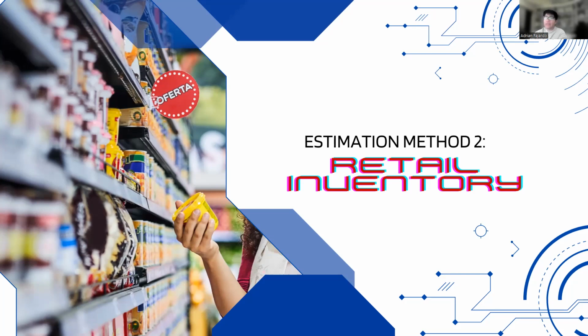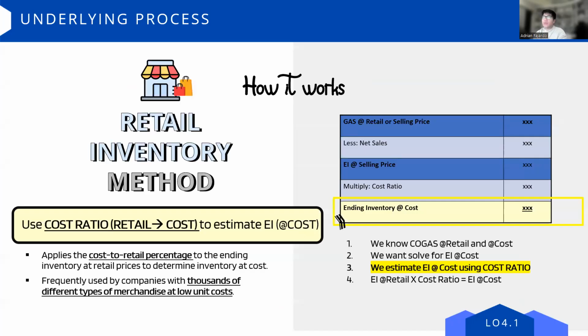So using retail inventory. And ang importante to note about the retail inventory method is that right now, before, we're looking lang at the cost. But as the name suggests, now we're going to be using the retail price. And if you've been shopping, you know that the retail price is just another way of saying selling price.